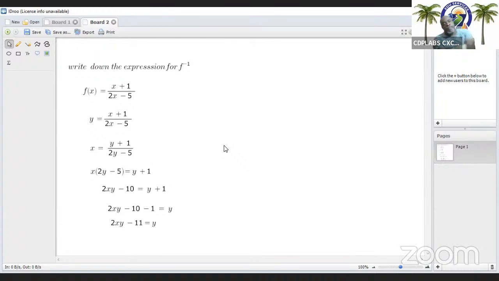If you carry over 11, you have y plus 11. And then you have 2xy. But we need to get rid of the y. We're solving for y, that is.